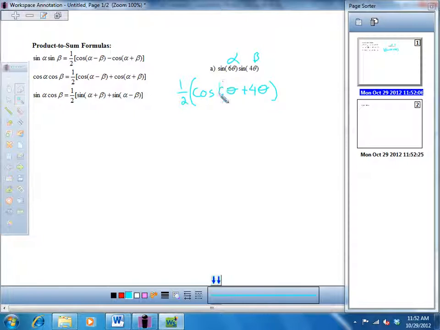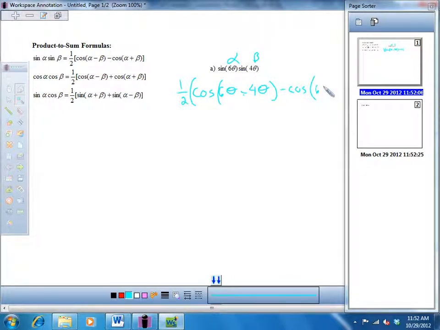And a lot of times on the tests, people think this is 60 degrees. It's not. It's 6 theta plus 4 theta minus, minus, thank you. Minus, and over here I have minus cosine of alpha plus beta.